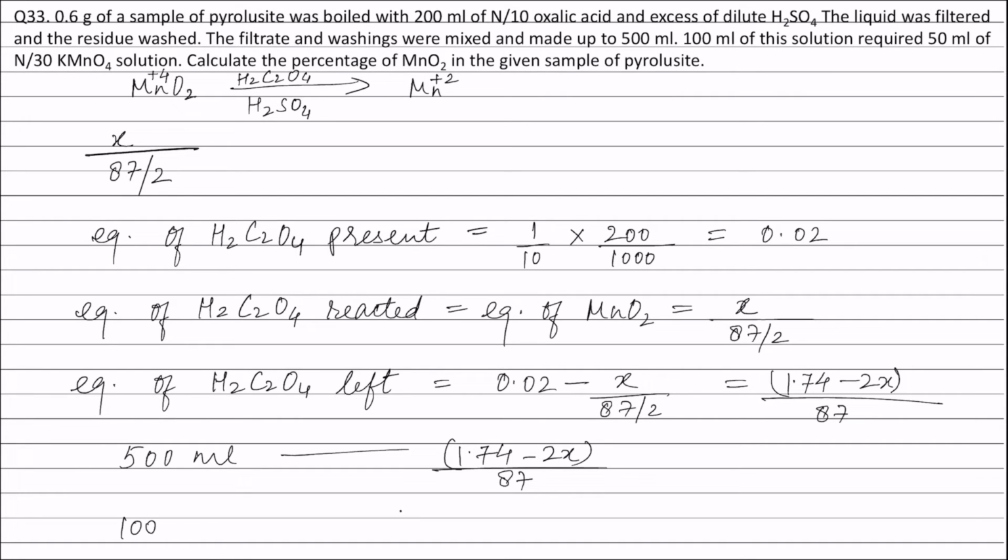Therefore, 100 milliliters of the filtrate will contain (1.74 minus 2x) divided by 87 into 100/500 equivalents of oxalic acid, and this is equal to (1.74 minus 2x) divided by 435 equivalents.